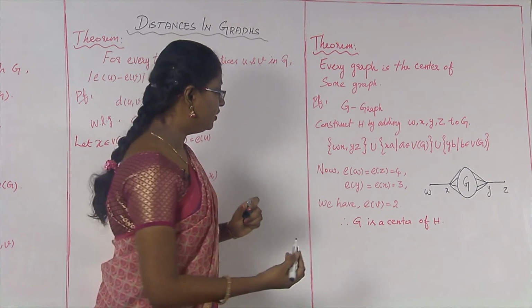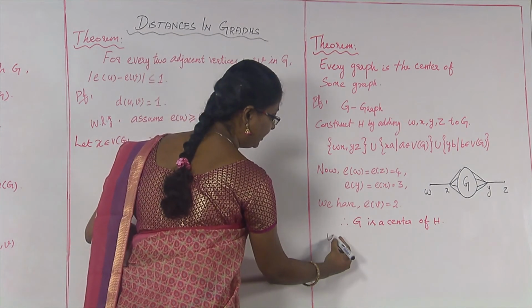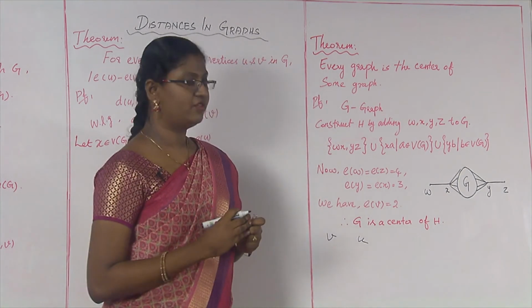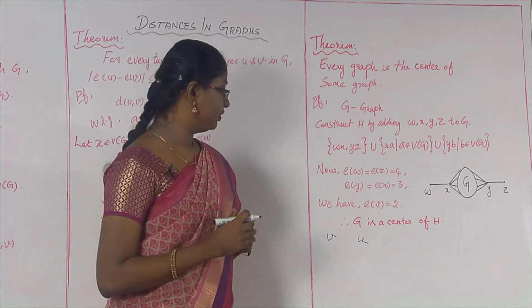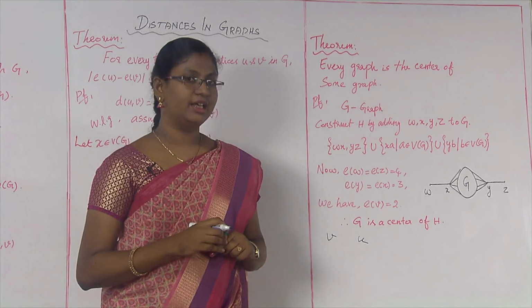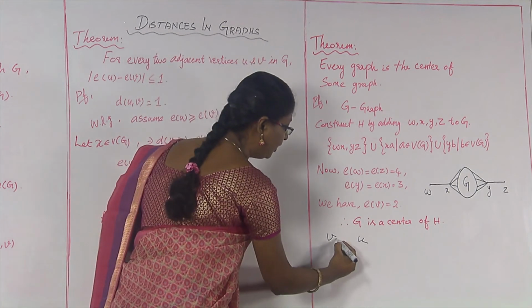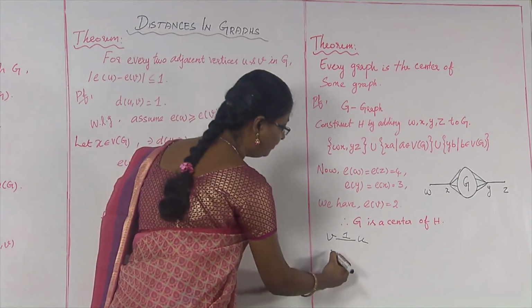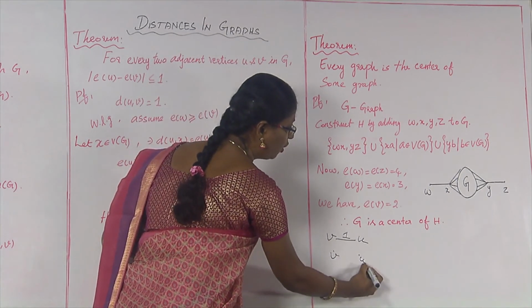So, consider some v, and u is also in V of G, that is I am considering another vertex u. If v and u are adjacent to each other, then the distance from v to u is 1, right. So, what happens if v and u are not adjacent?